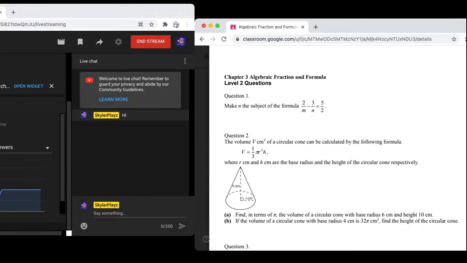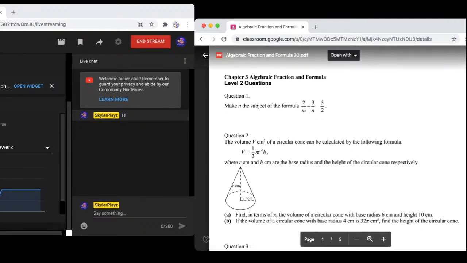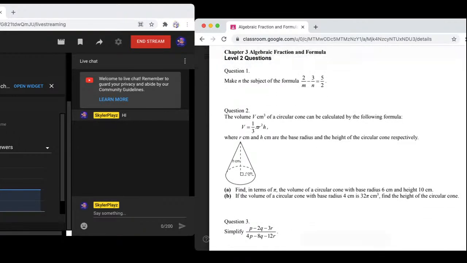Question 22. Volume of a circular cone, in terms of pi, the volume. Just substitute when r equals 6 and h equals 10.